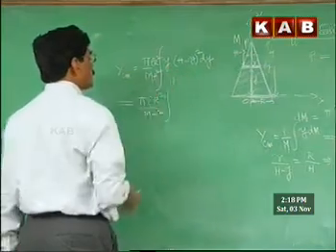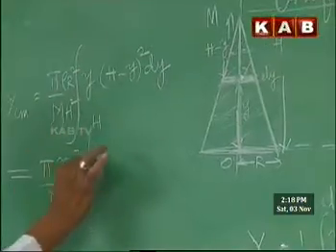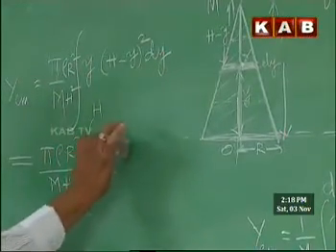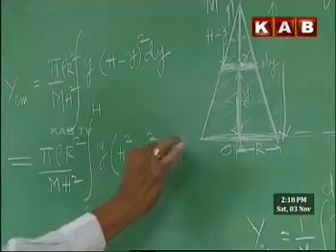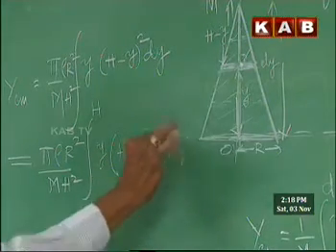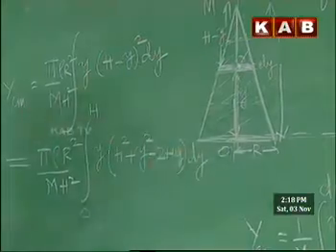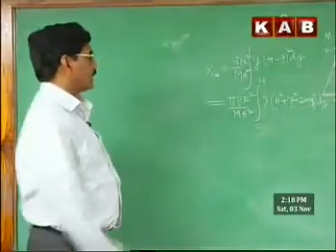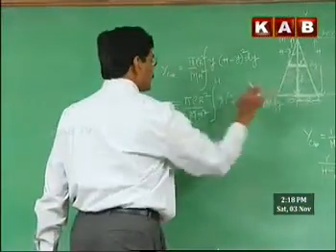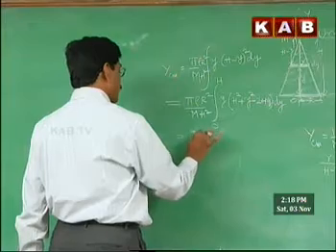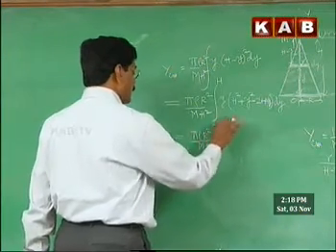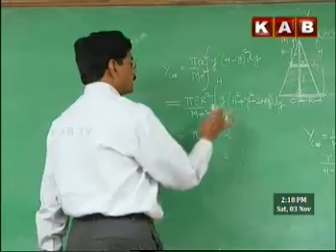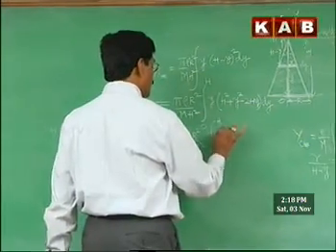Therefore, limits are 0 to h, and y into h square plus y square minus 2hy into dy.